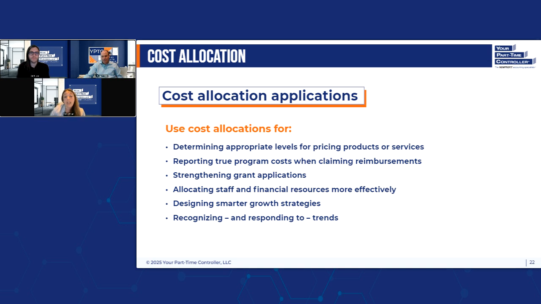You've also now captured all of your true program costs. So when you're claiming reimbursement, if you have reimbursable type grants, you can have that data to make that submission process a lot easier. It'll also help strengthen your grant applications, because funders want to know that you have your ducks in a row.